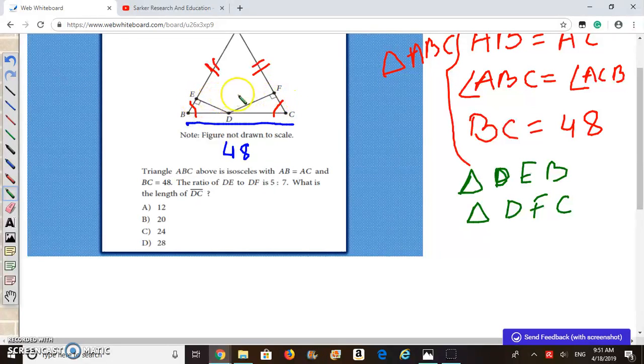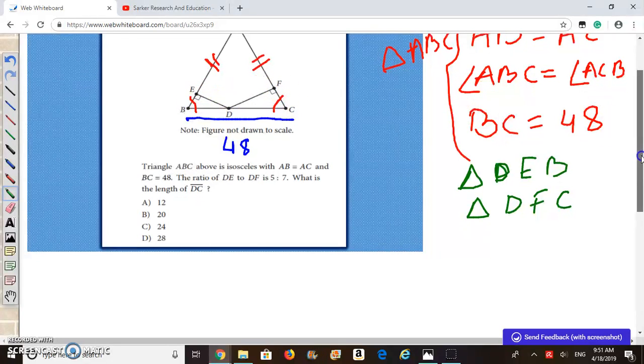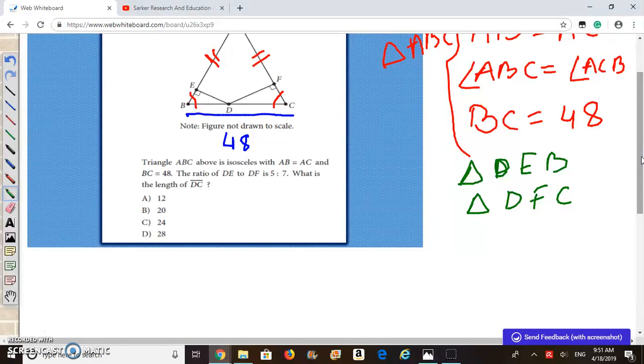So these two angles are congruent. So we can say that angle DEB equals angle DFC. These two angles are congruent because both are 90 degrees.